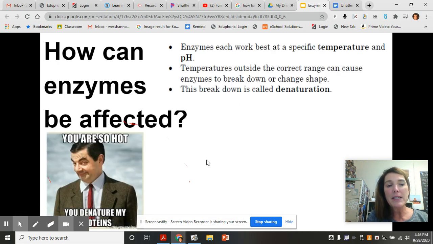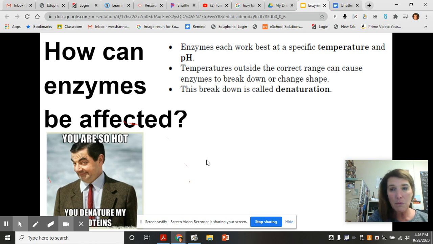So how can enzymes be affected? Because they can. Some people weren't lactose intolerant at one time, but now are. It could be because something has affected those enzymes and they're no longer that perfect shape. Their puzzle piece is getting warped. Enzymes only work at a very specific temperature and pH. They're very selective.